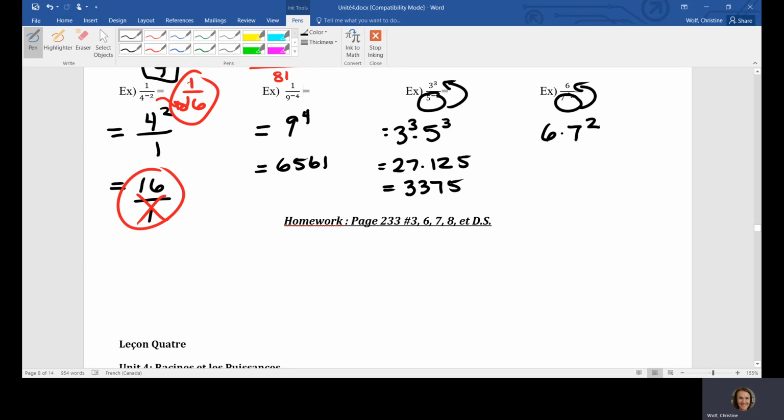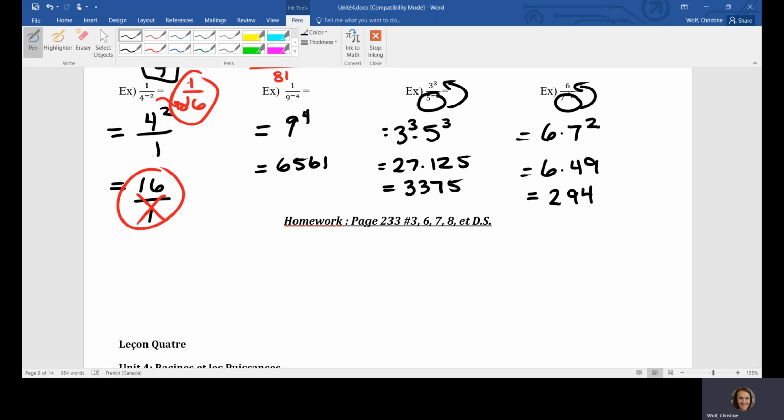Et l'exposant de 2 devient positif. There's nothing on the bottom. On y va. C'est 6 fois 49. It is not 6 times 7 and then squared. Exposant en premier. C'est 6 fois 49. 294.